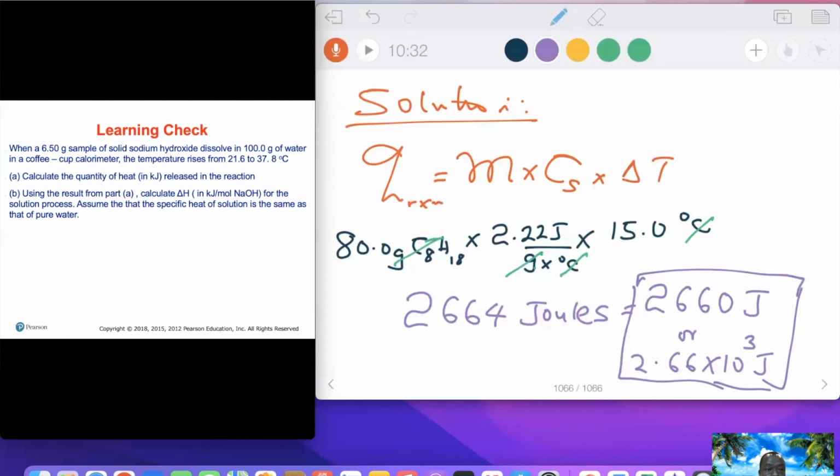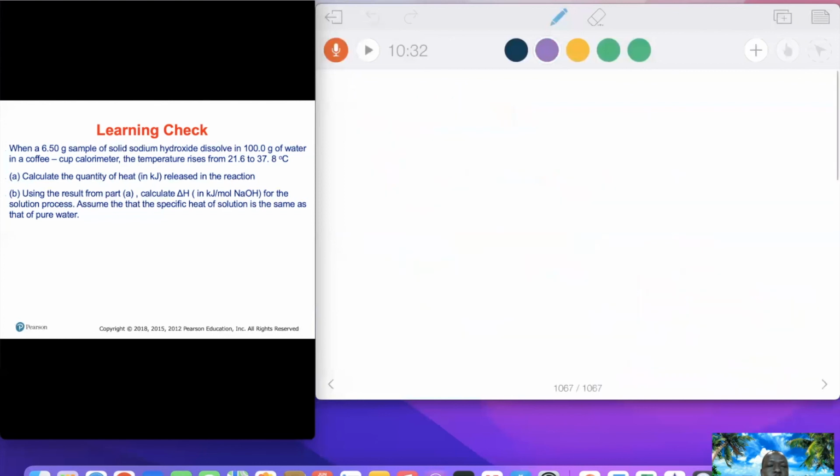Let's see, still on the coffee cup calorimeter using this equation, Q. Remember, Q for the reaction is given by mass times the specific heat, Cs, times the change in temperature.